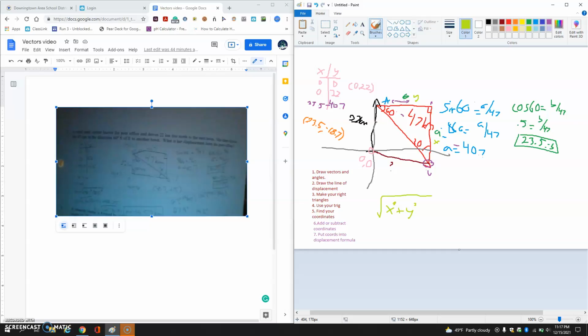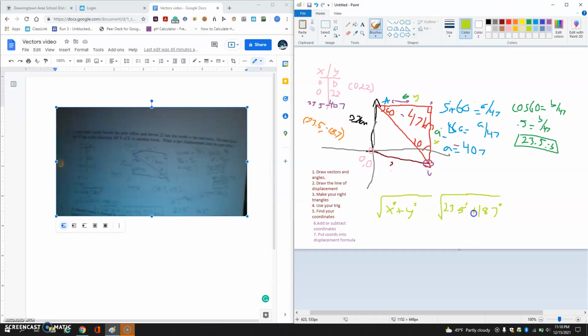So now we do the square root of 23.5 squared minus 18.7 squared. But you've got to remember, whenever you square something like that, it's always positive.